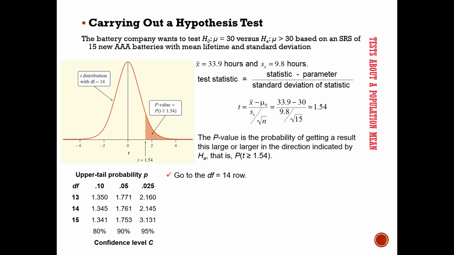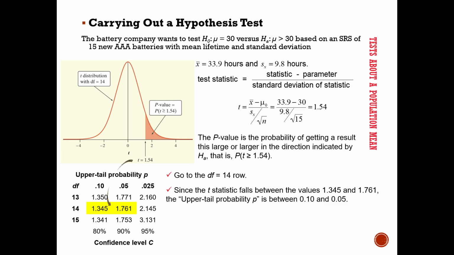I strongly recommend you don't do this with the table. Just use your Inspire or your 84. Run a tcdf from 1.54 to infinity, or as close as you can get with the 84, and that should give you a p-value. Remember that the degrees of freedom are going to be 14 because the sample size is 15.